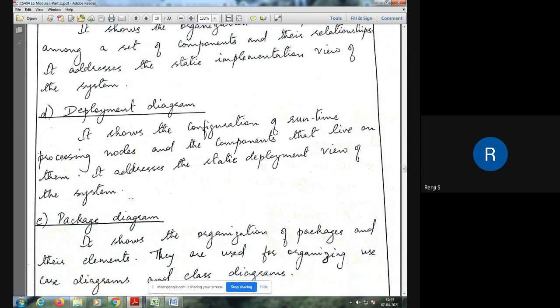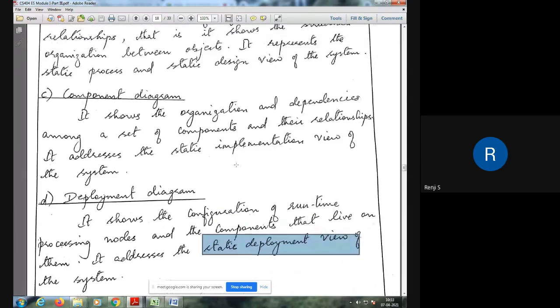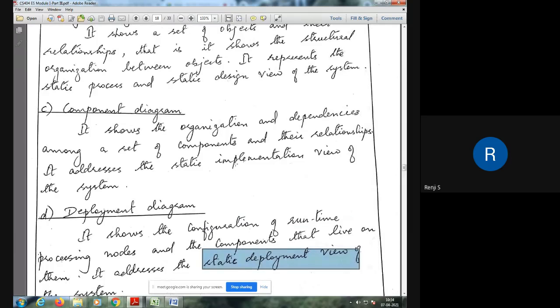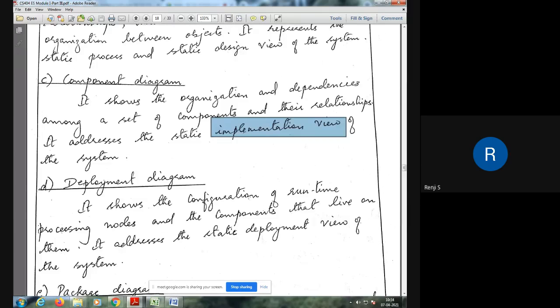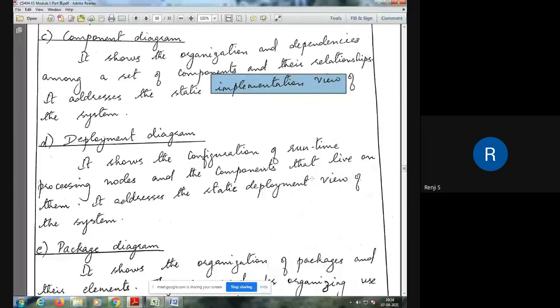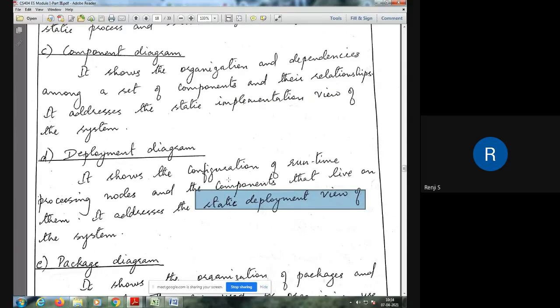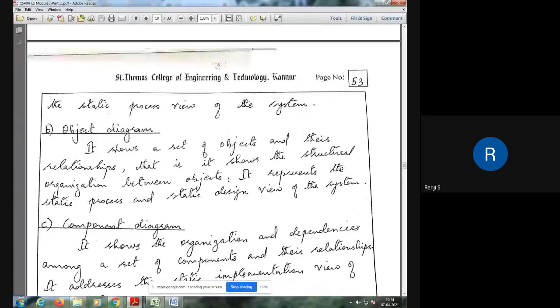And this deployment diagram addresses the static deployment view of the system. Since we are speaking about all static diagrams, these diagrams will address the static view, but the view might differ. Like the component diagram addresses the static implementation view, then deployment diagram addresses the static deployment view, etc. So the views that the different diagrams represent may differ.